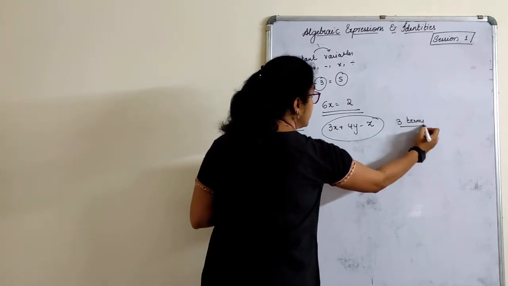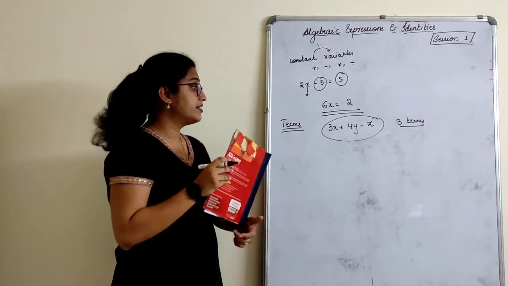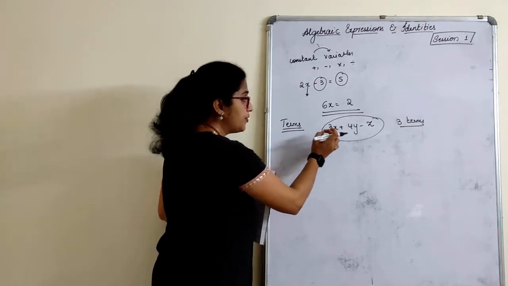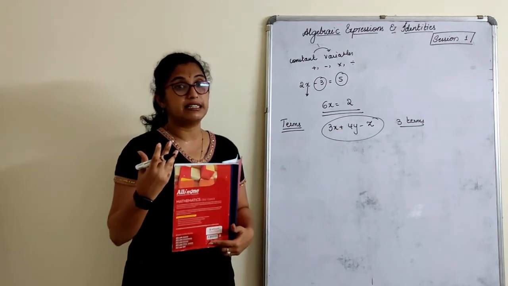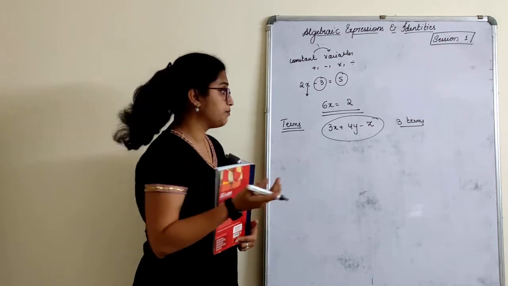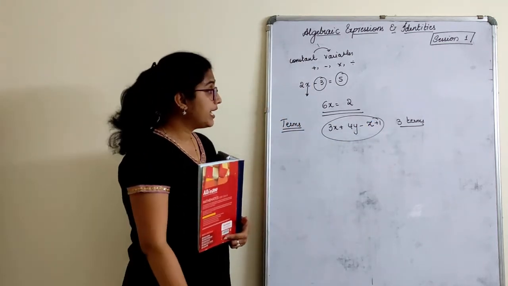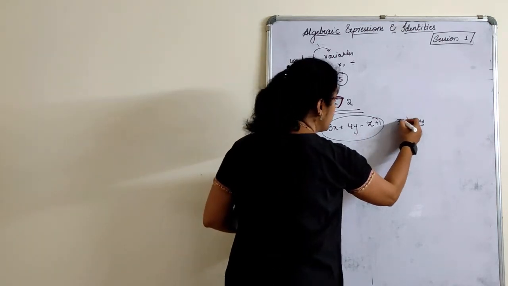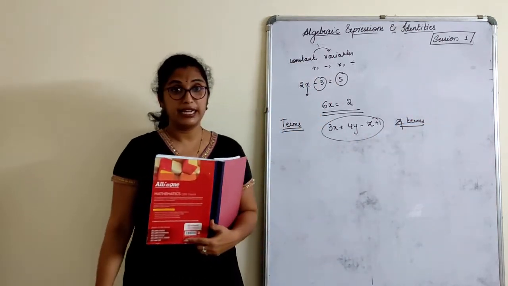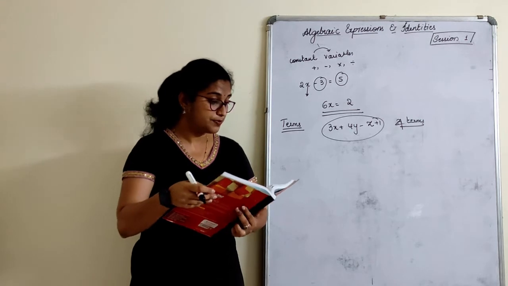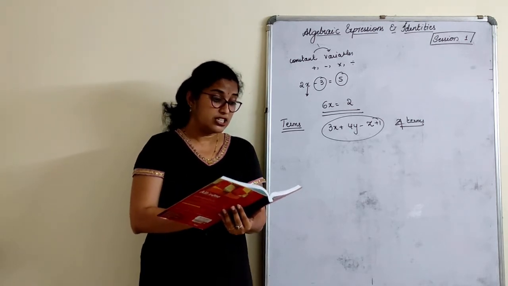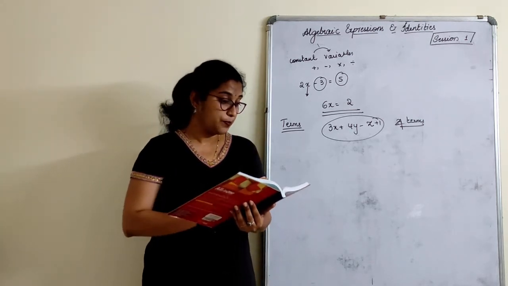We have coefficients and variables interconnected by plus or minus signs. Add one constant if you want, plus 1. So in total we have 4 terms, right? That is called a term.